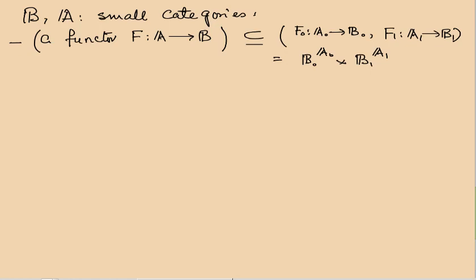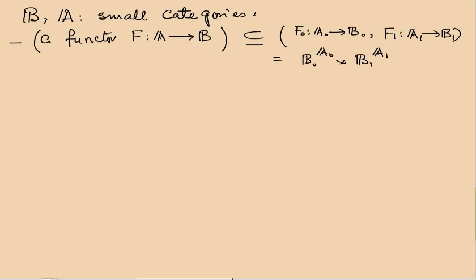Remember, preservation of domain, preservation of codomain, preservation of identity, preservation of composition, only then will you have a functor. So this pair of functions will have to satisfy some more equations. It's not exactly just giving a set of functions, but I can say this is always a subset of this: the set of functions from A0 to B0 cross the set of functions from A1 to B1.